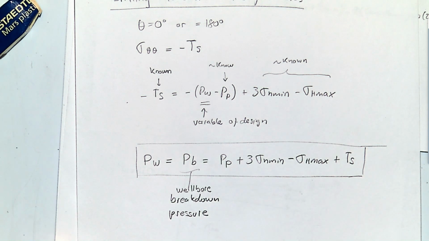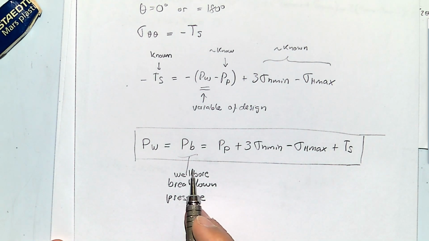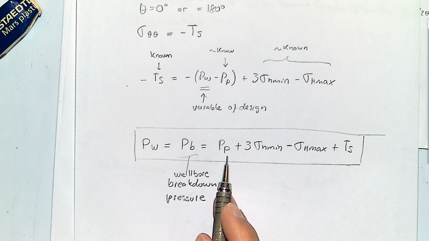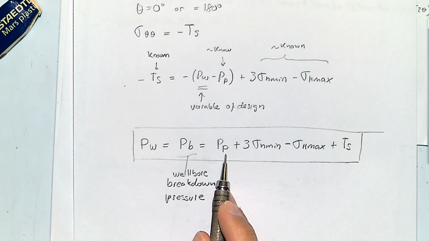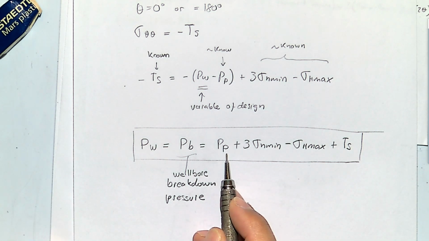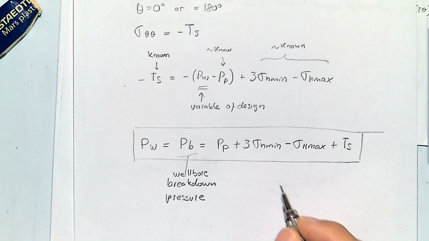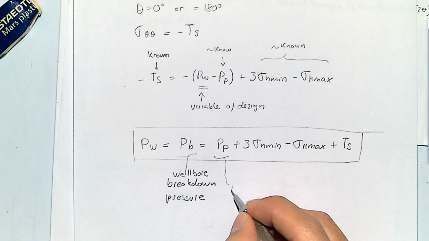Let's try to understand this equation. The breakdown pressure is going to be equal to the pore pressure. That's the first term, and that kind of makes sense, because in order to apply any tangential tension into the wellbore, you need a radial support, and that's why it has to be higher than the pore pressure.